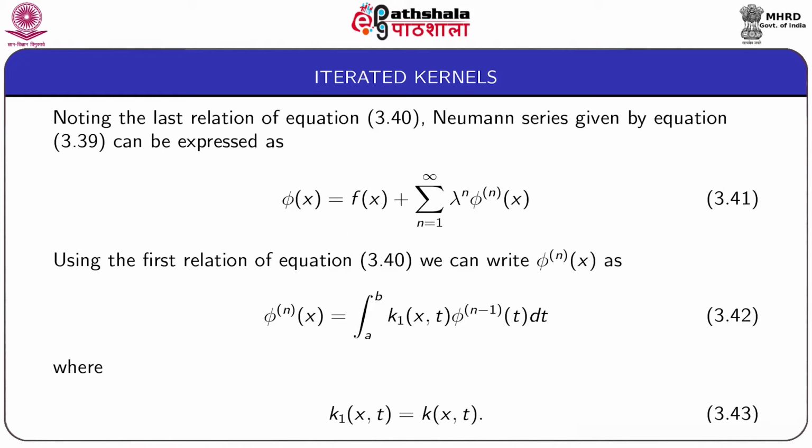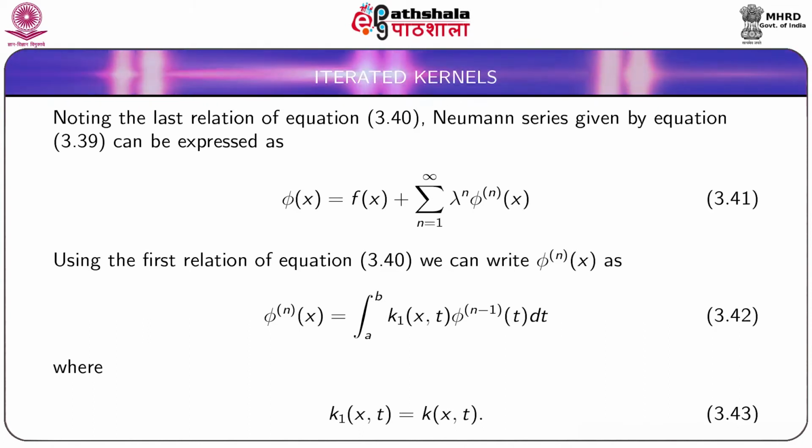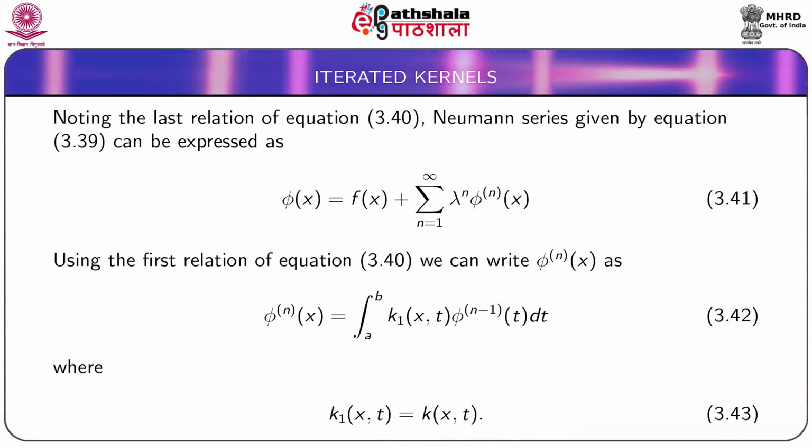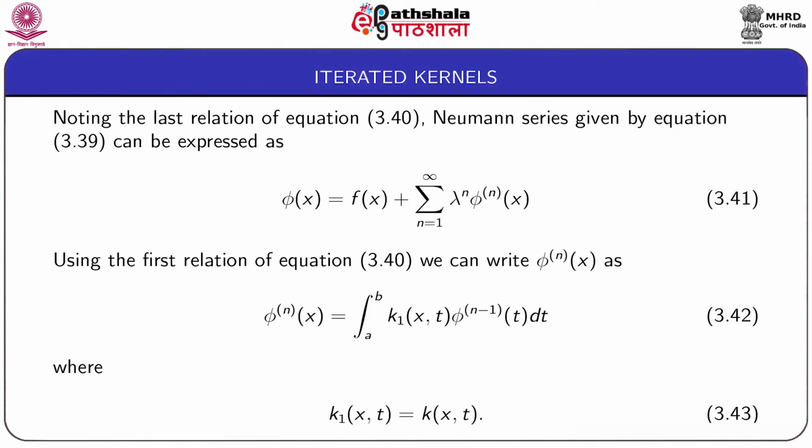So in the Neumann series given by equation 3.39, that is phi(x) equal to summation n equal to 0 to infinity lambda to the power n phi superscript n (x), we separate out the term corresponding to n equal to 0, so that phi superscript 0 (x) is f(x).